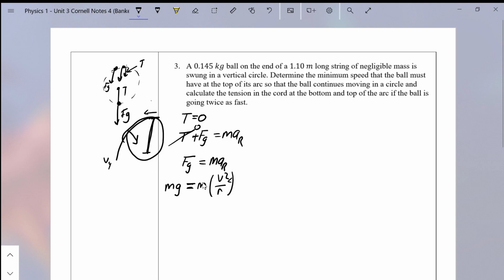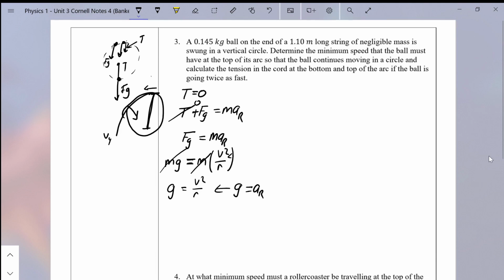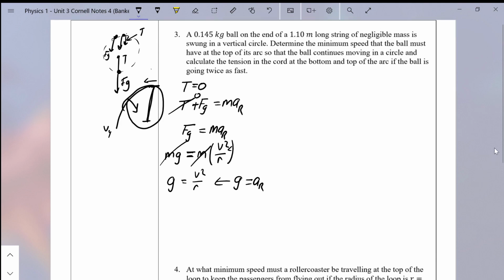On both sides of this equation, I have an m, and so if I cancel those, if I divide through by m, I get g is equal to v squared over r. This is basically saying that our acceleration due to gravity at the top is g, and g is a sub r. So that tension is 0.